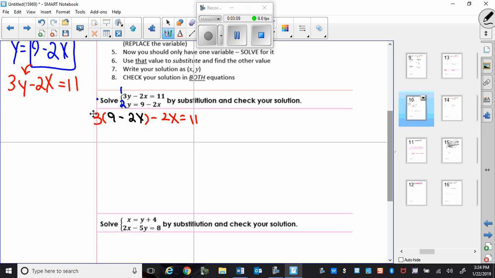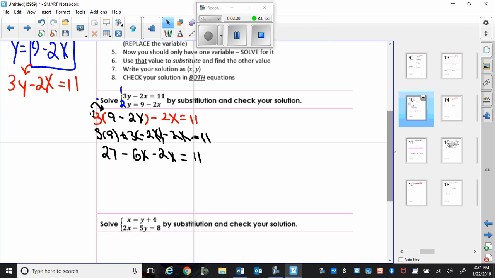And then I'm going to distribute, so I have 3 times 9 plus 3 times negative 2x minus 2x equals 11. Simplifying, I get 27 minus 6x minus 2x equals 11. Now I do have to combine like terms.